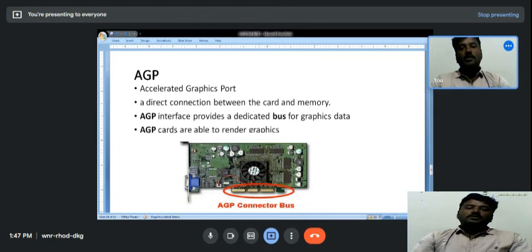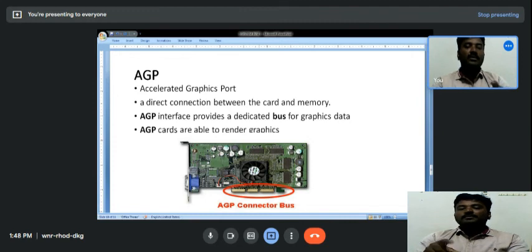AGP cards are able to render graphics, as they are generally meant for graphics rendering, the graphics card, or I can say the animation card. There is a slot you can see marked in red color. There you can see the AGP connector bus.